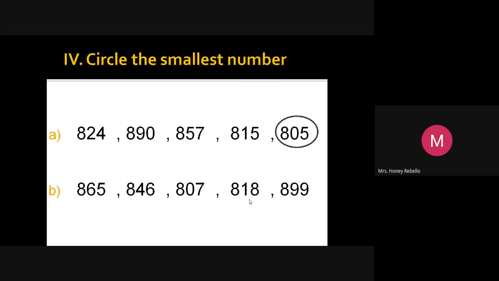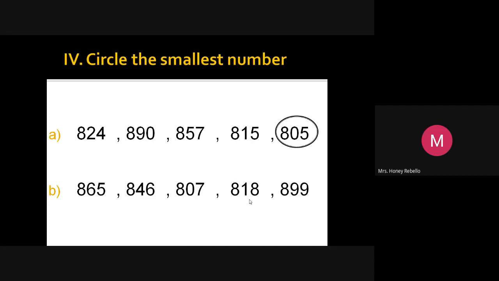Leave a square and write B in your margin. Copy these numbers, leaving a square in between. 865, 846.